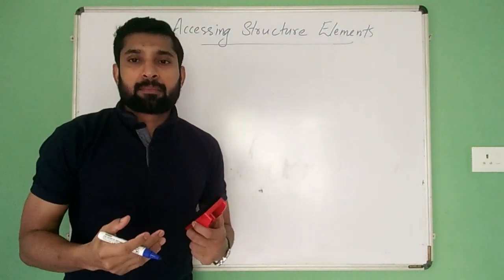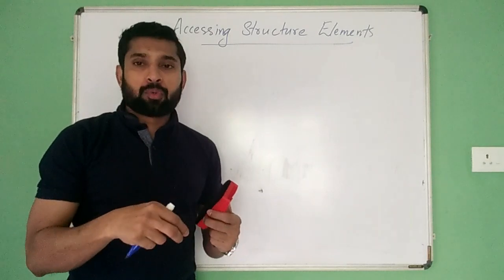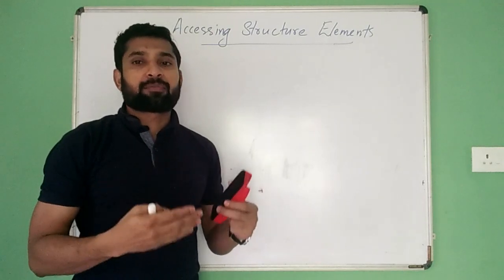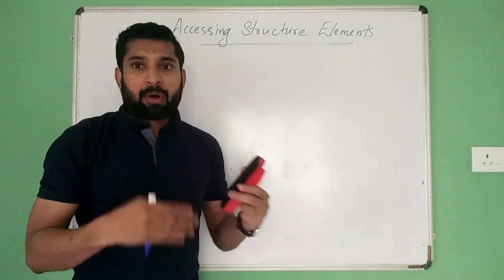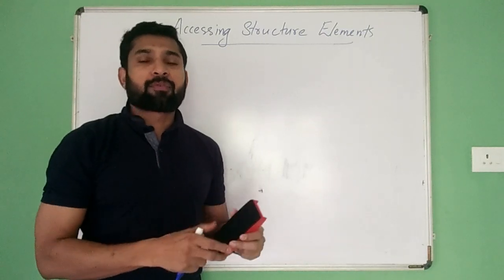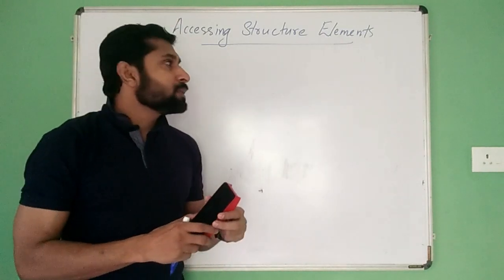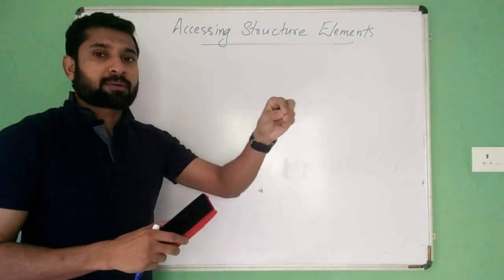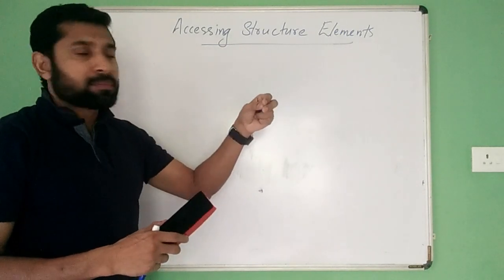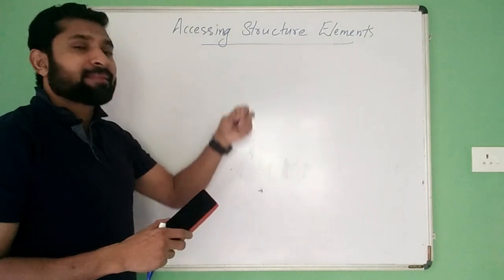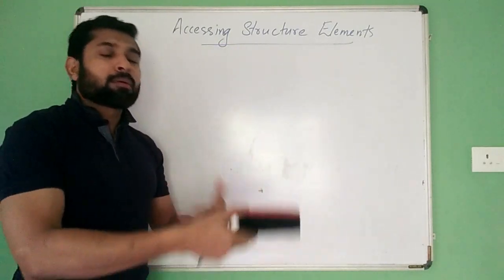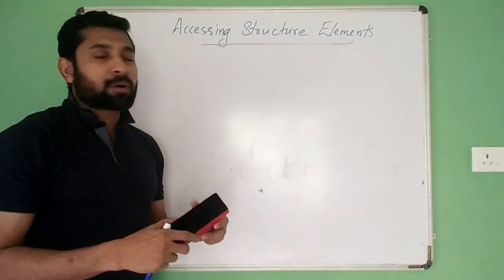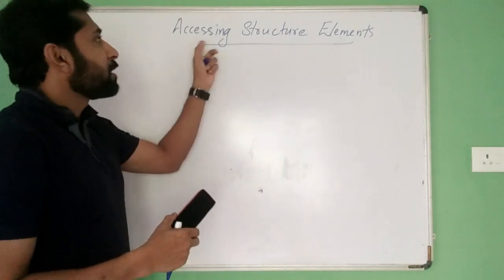After creating a structure variable, we want to assign values to the structure, as well as use the content of that structure for calculation. We want to print the content of that structure. Using the content of structure elements is called accessing. Accessing means either assigning data to the structure, retrieving data, displaying data in the structure, or using that value for manipulation or calculation.